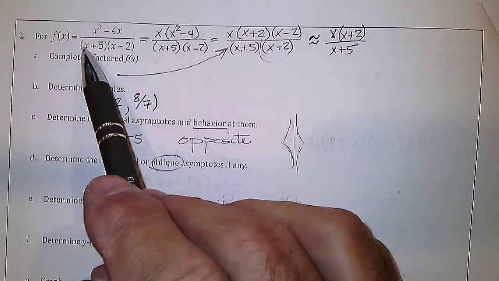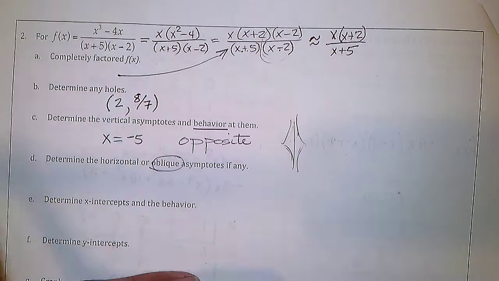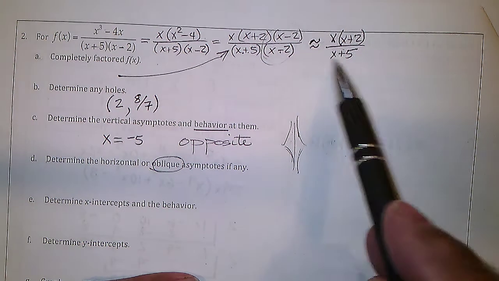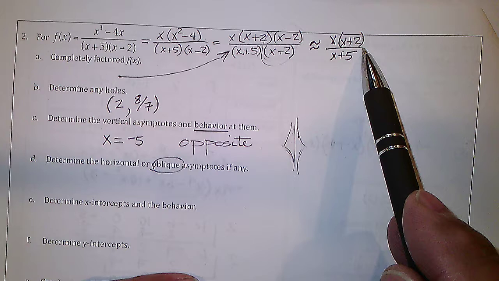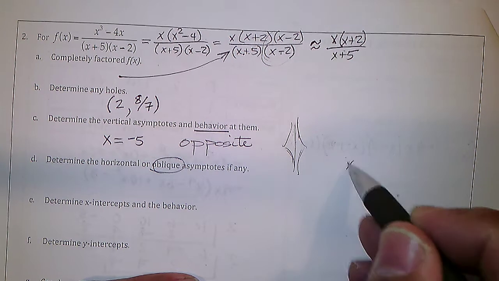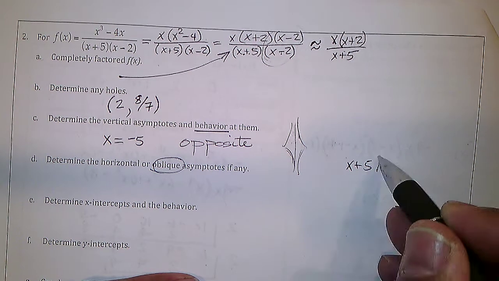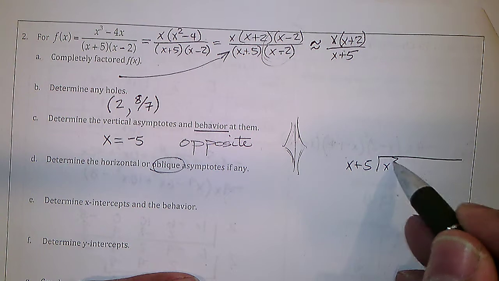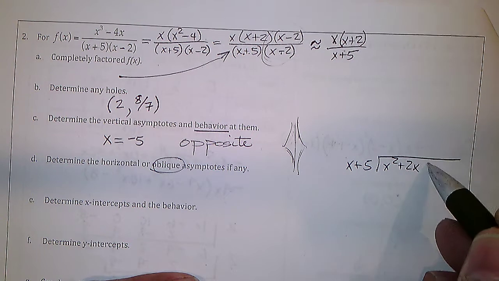Now this, we could multiply these together and divide it into their long division. But since this simplifies to one that will have the same oblique asymptote, I can divide the x plus 5 into the numerator x squared plus 2x plus nothing.